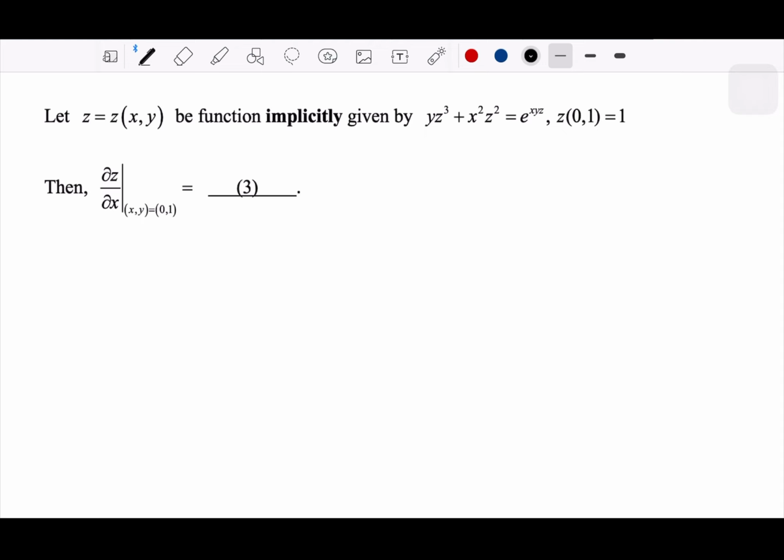We have z as a function of two variables, and we would like to evaluate the partial of z with respect to x at (x, y) equal to (0, 1). So you can try this by yourself and compare the results with my solutions.